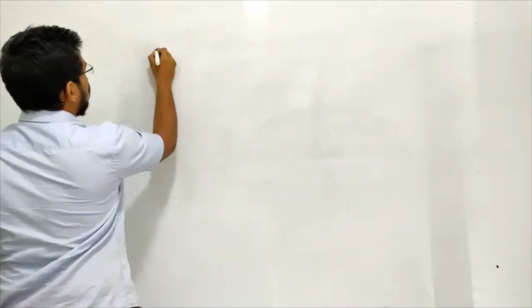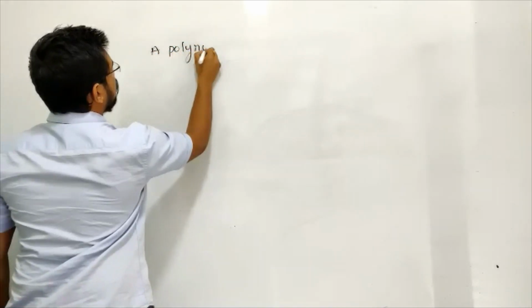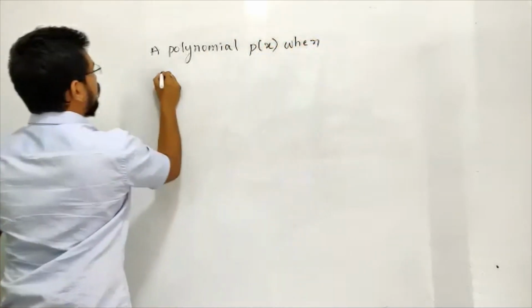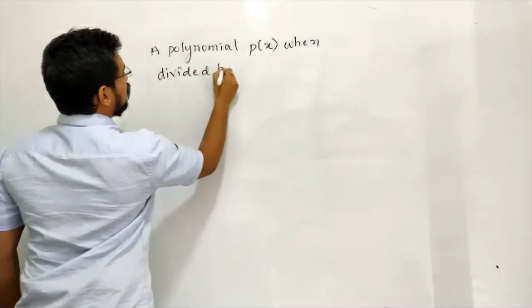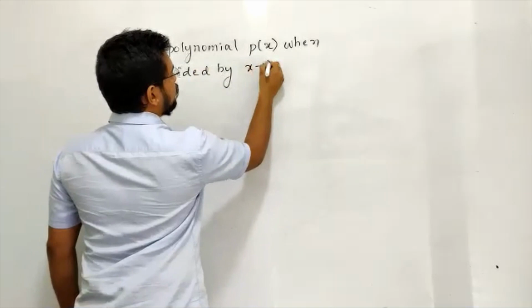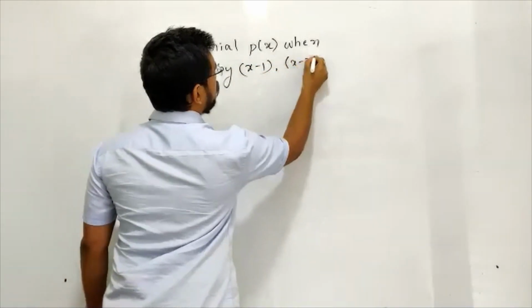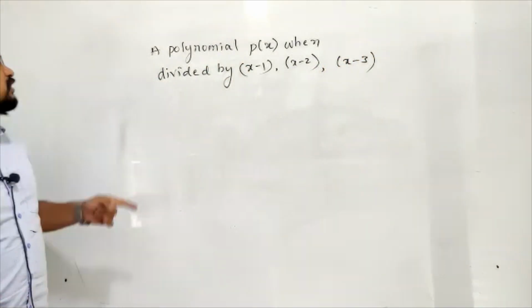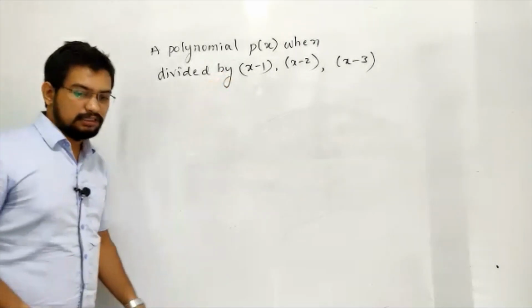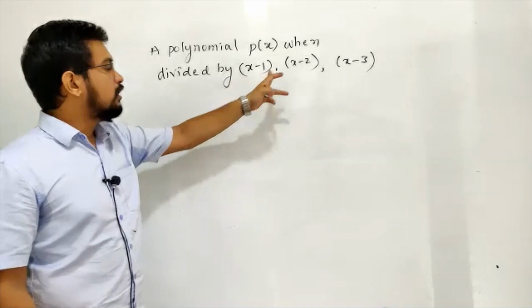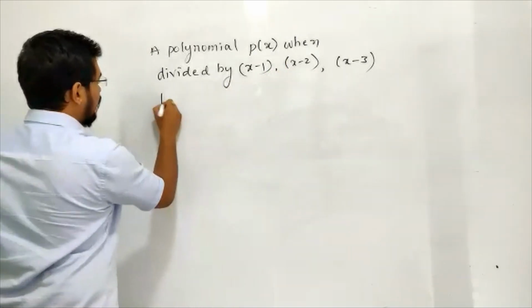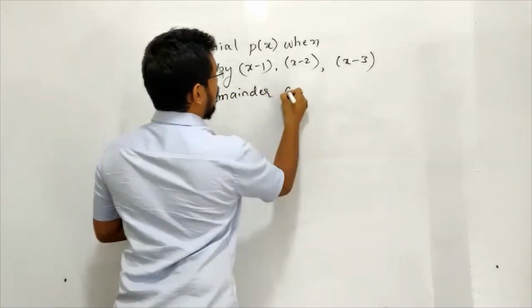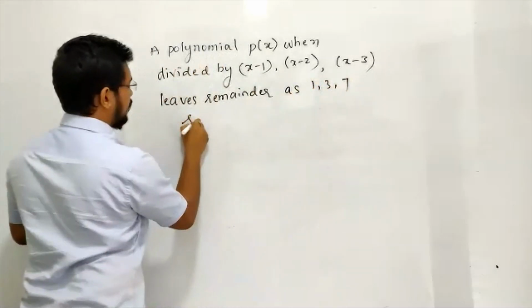Next, a polynomial p of x when divided by x minus 1, x minus 2, x minus 3 leaves the remainder as 1, 3, 7 respectively.